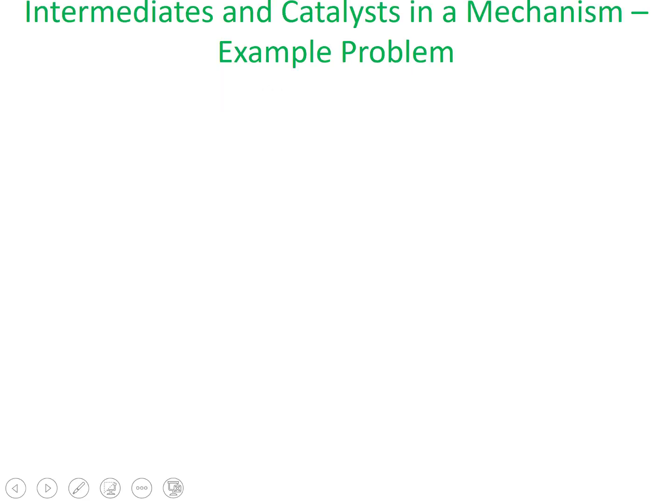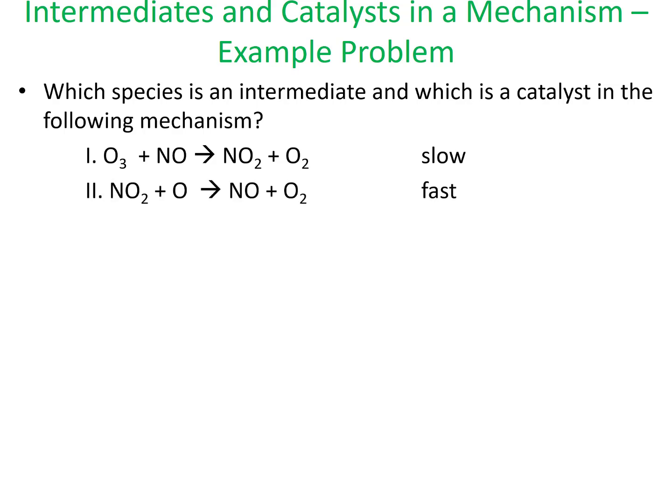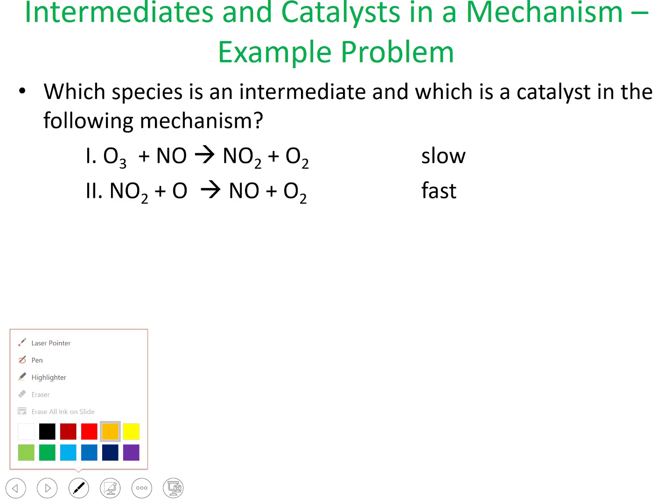So this is kind of covering some of the terms and all that: intermediates and catalysts in a mechanism. So here's an example reaction. This is actually showing the destruction of ozone by nitrogen monoxide. So ozone in the upper atmosphere is a protective layer. It absorbs UV light.